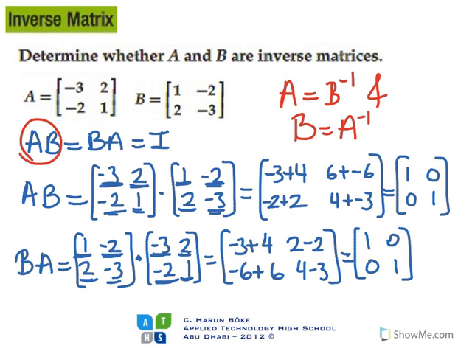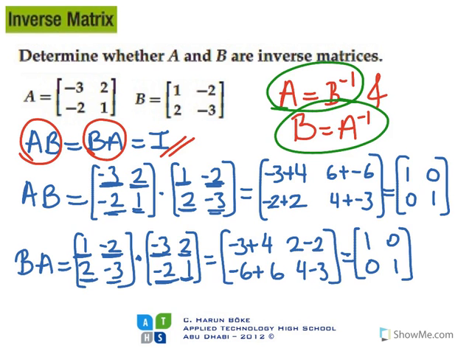So since A times B and B times A give us the same identity matrix, then we can say that A is an inverse of B and B is an inverse of A, or that they are the inverses of each other.